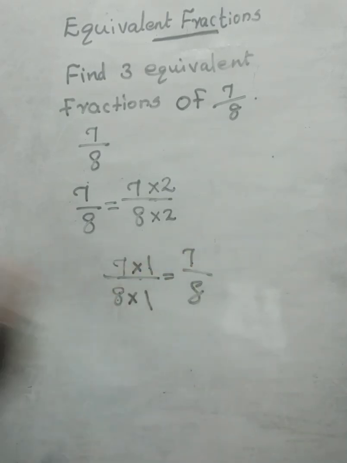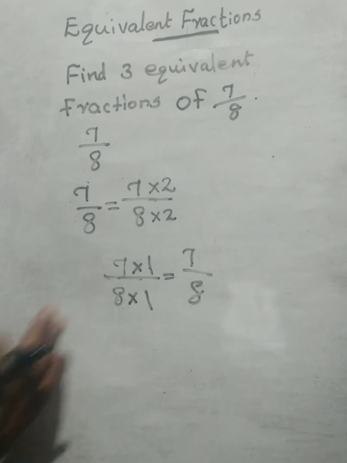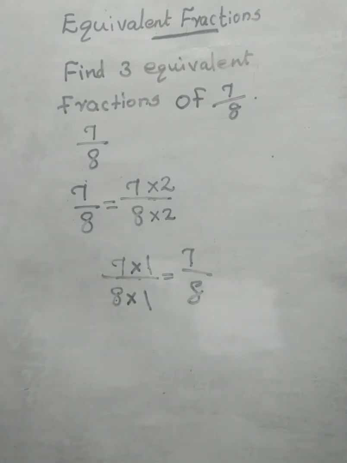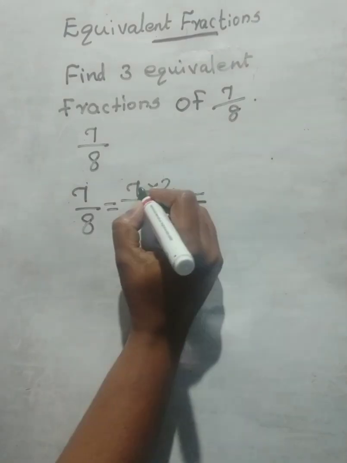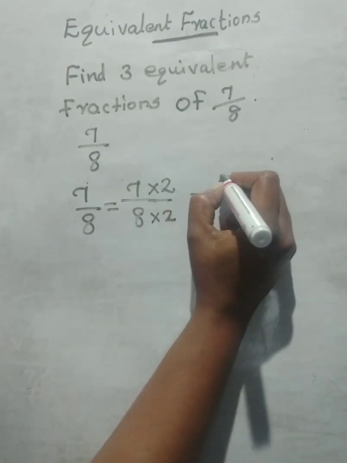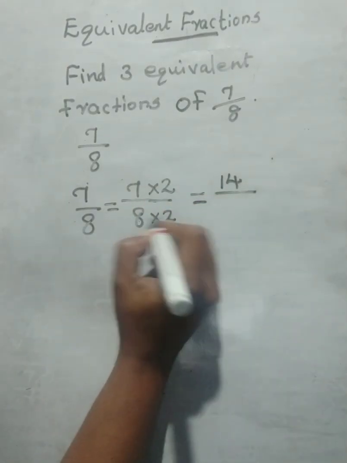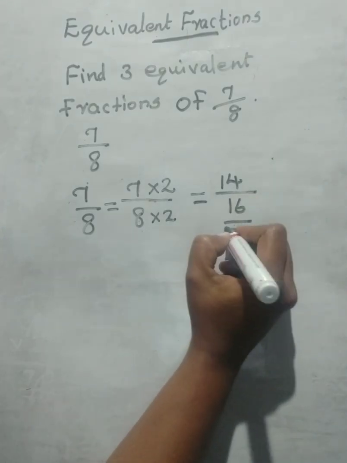So it is 7 upon 8 itself, so there is no use. Here, 7 times 2 is 14 and 8 2s are 16. So we can say 14 upon 16.